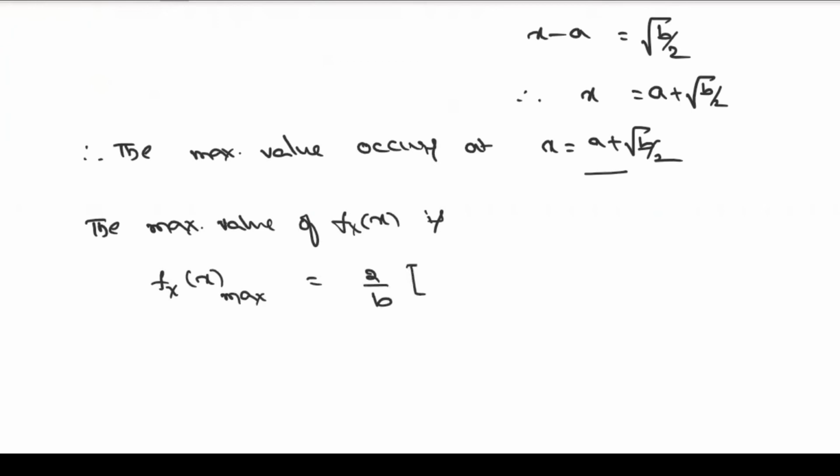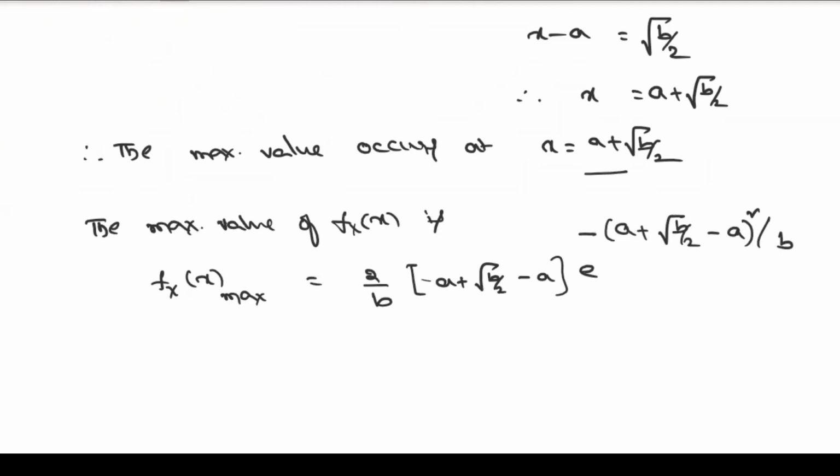Now x is equal to a plus root b/2, so x − a is root b/2. I'm just replacing x by a plus root b/2 in e^(−(x − a)²/b); again here also x is a plus root b/2 minus a, whole square by b.